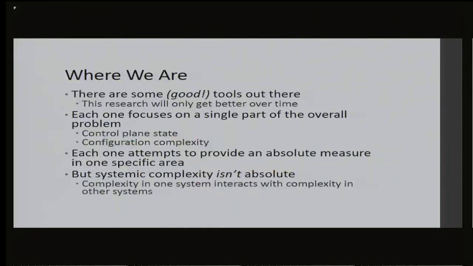Okay, what's the problem with all these? These are some pretty good tools for figuring out some network complexity numbers, but there are a couple of problems with them. First of all, they focus on a very small slice of what I would consider overall network complexity. Each one of these tools tries to provide an absolute measure in the one specific area it's dealing with. For instance, control plane state, the rate of change. Can you measure these things and figure them out?